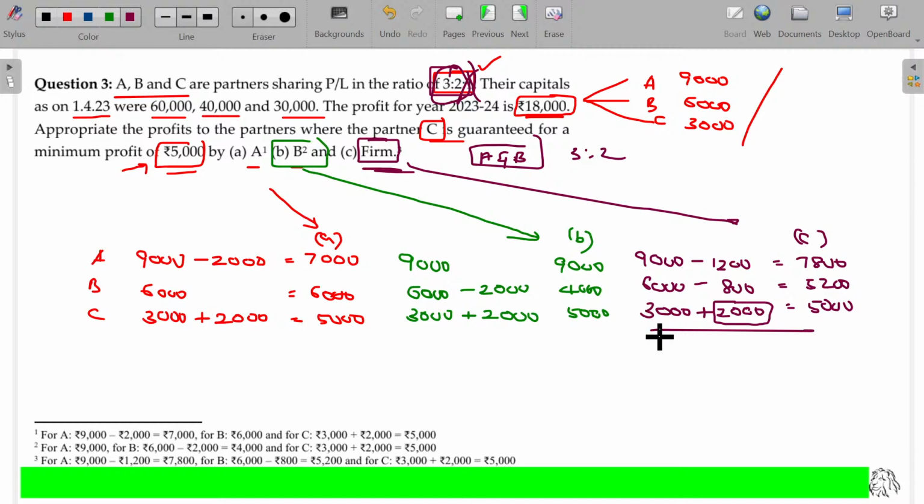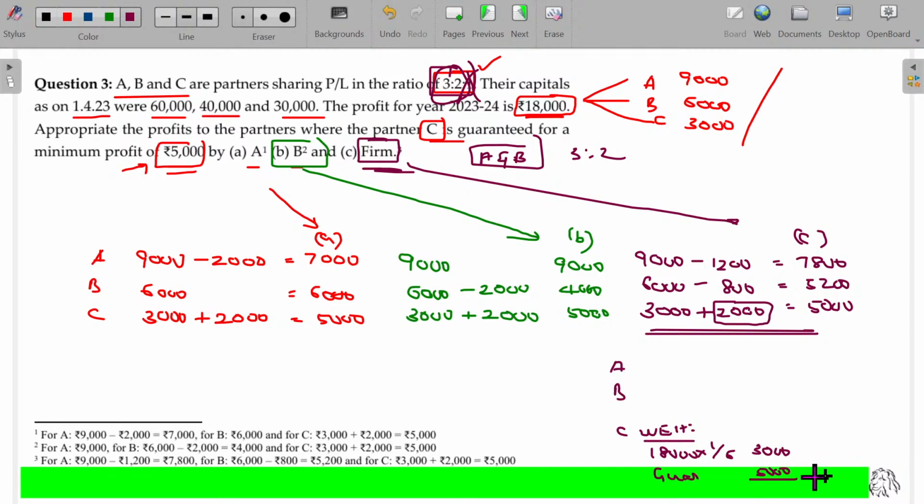Or here you can calculate the other way also. What is that other way? A, B and C. For C, whichever is higher of, one is his share, 18,000 multiplied by his share being 1/6, 3,000, and the minimum guarantee, 5,000.